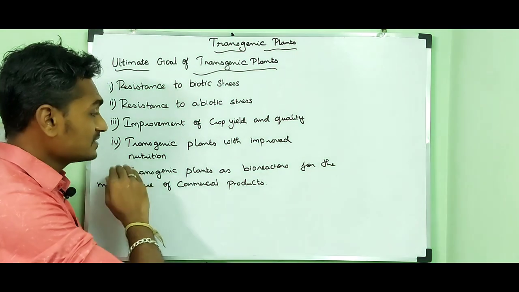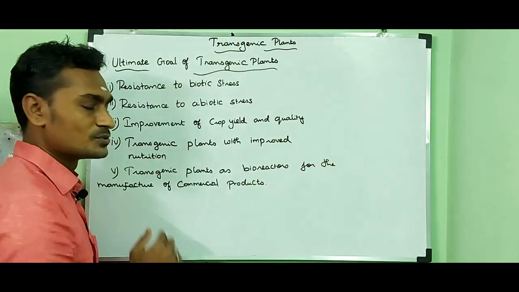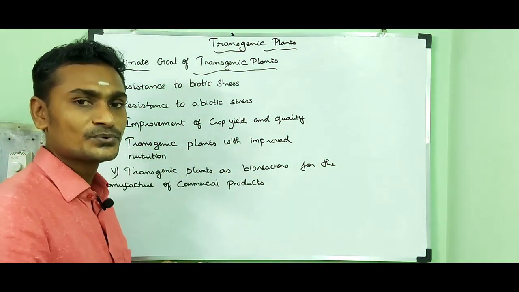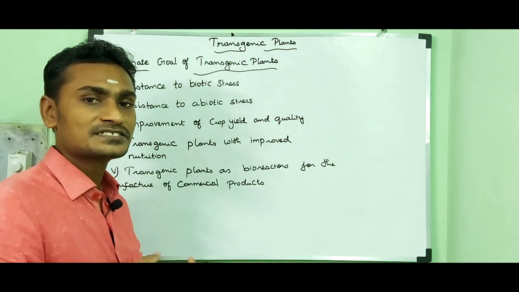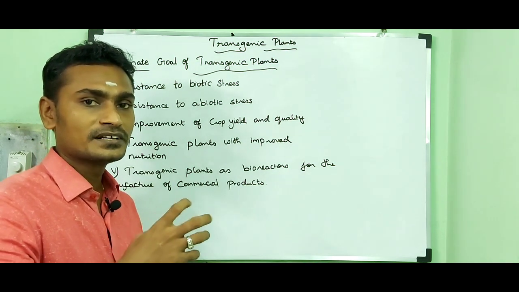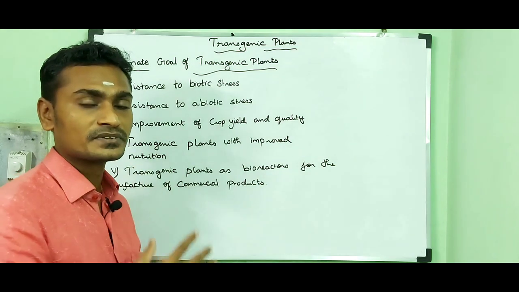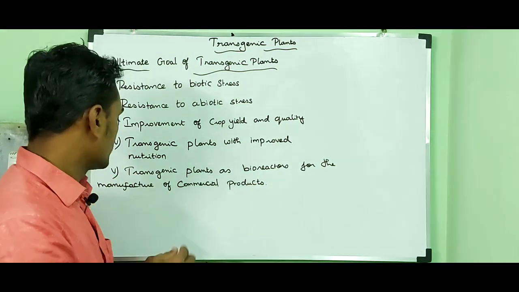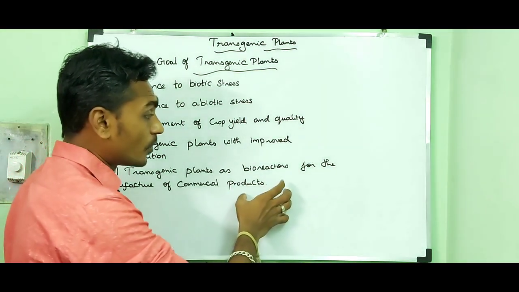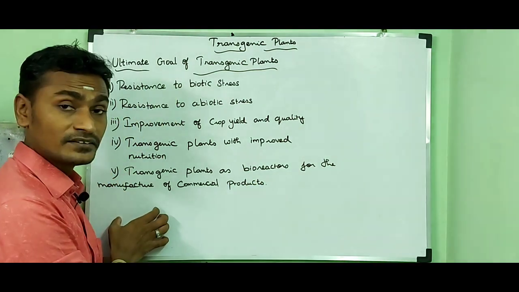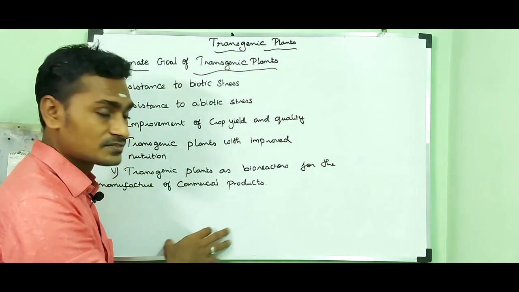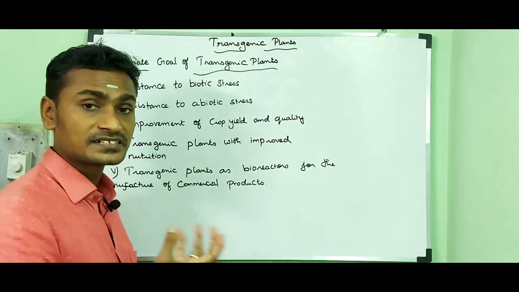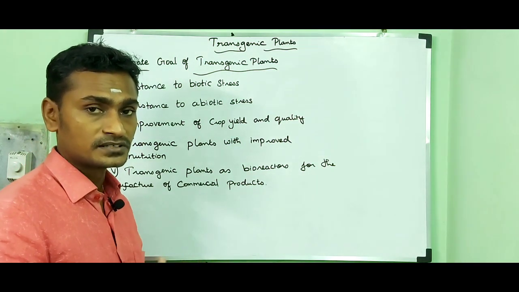Fourth point, transgenic plants with improved nutrition. With the help of that technique, we can increase the nutrition of a particular plant, which is useful to mankind. Transgenic plants can also serve as bioreactors for the manufacture of commercial products, for example protein, vaccines and biodegradable plastics.